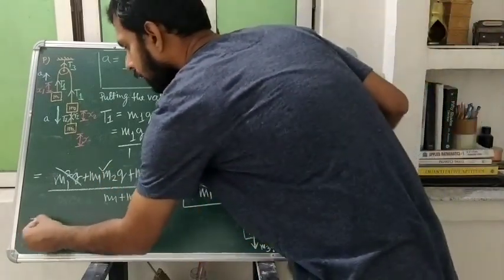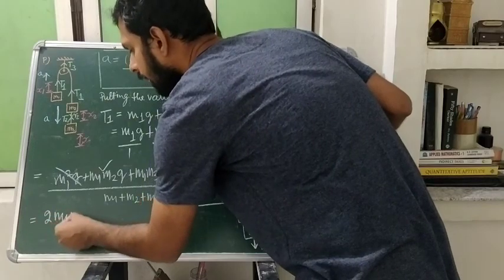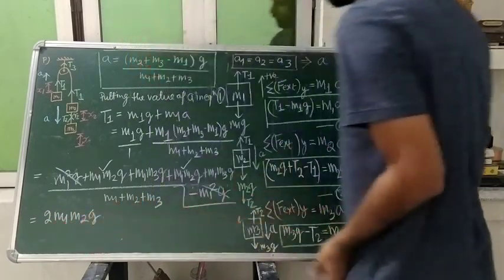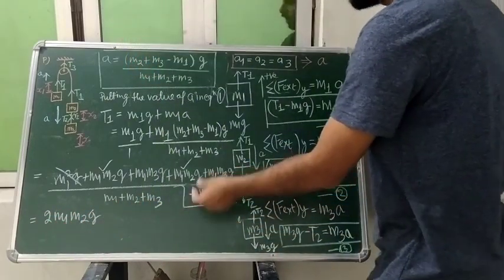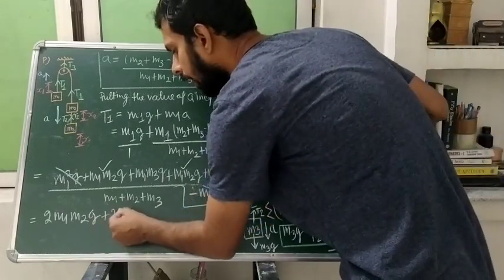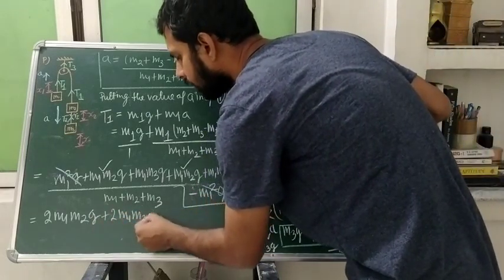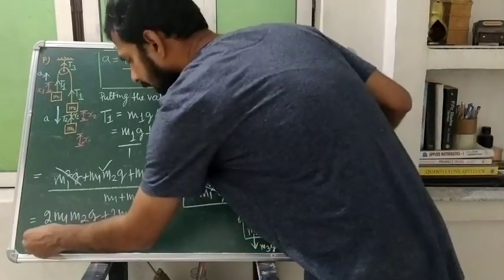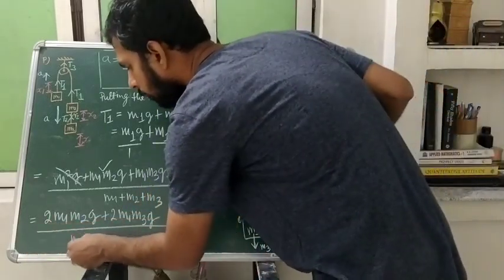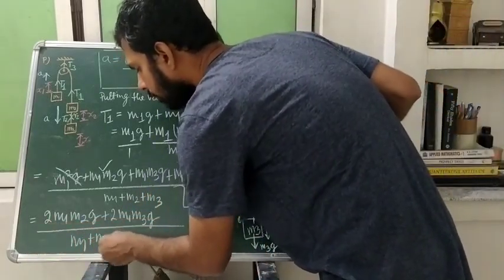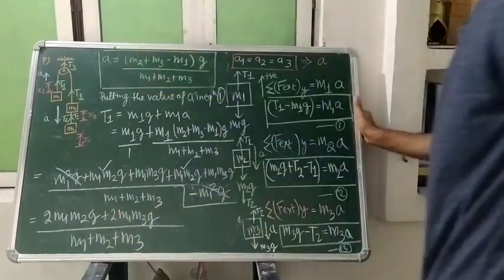So it will become twice m1 m2 g and plus twice m1 m3 g, divided by m1 plus m2 plus m3 here only.